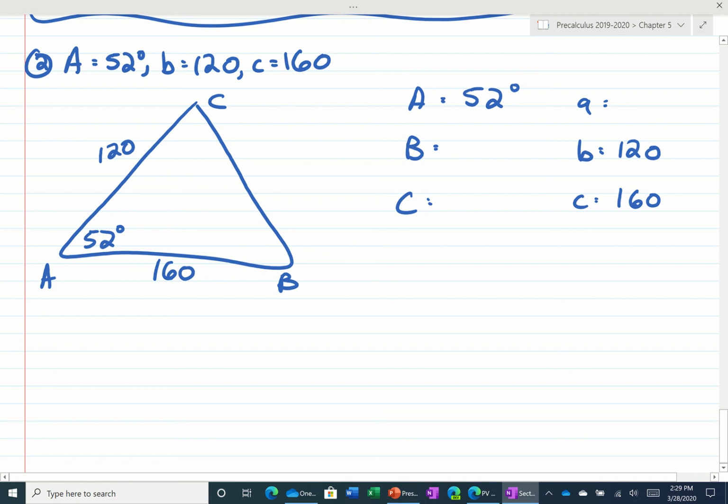So we have one angle, we have angle A, and it'd be nice if we could find side A. Because that's the only angle we have, we're going to use the only formula with angle A in it.